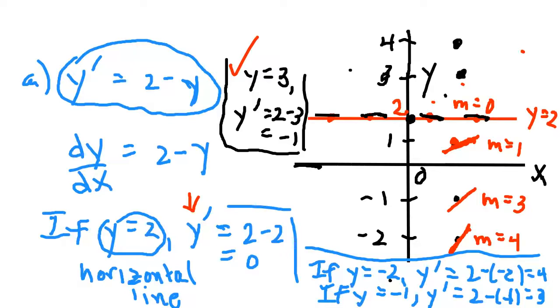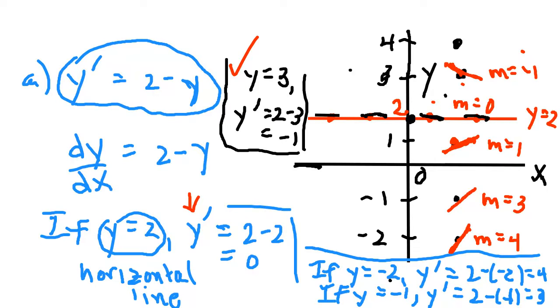So that means that over here, at y equals 3, slope is -1.